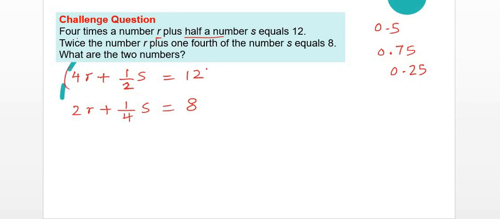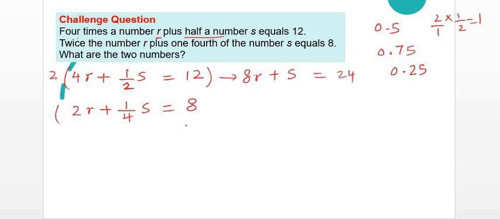I will multiply this whole equation by 2, so it will give me an equivalent equation. I'm multiplying it by 2, so it's going to be 8r plus, now when I multiply 2 with half, it will give me 1s. So I'll write s over there, because 2 times 1 over 2 becomes 1, right? So equals, on the other side, 12 times 2, 24.